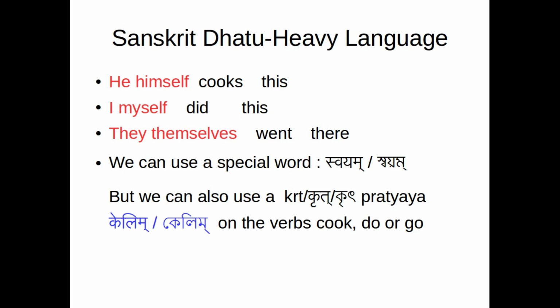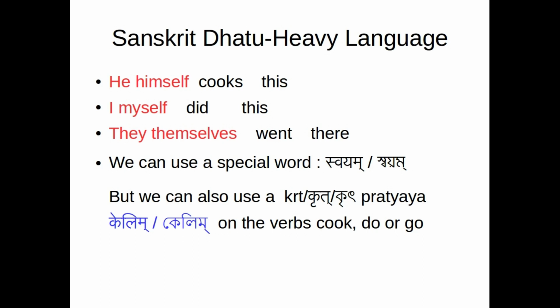But if we look into the English, we can see this concept is related to he, I, or they. But in Sanskrit, we can use a krit pratyaya called kelim pratyaya on the verb itself, the verb cook, the verb do, or the verb go, to express the same concept.